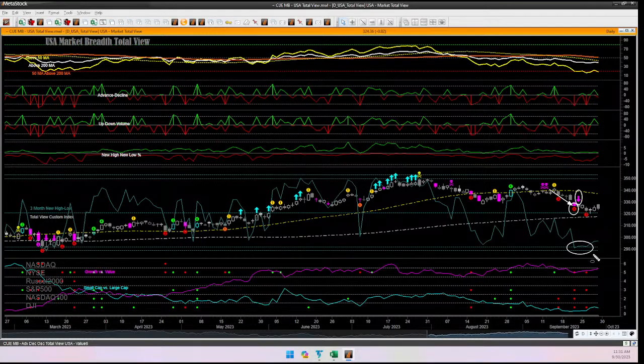Why I was looking for a reversal signal on the bullish side was because the market was oversold. Looking at the 3-month new high low, it was hitting the oversold territory, and also very importantly, percentage of stocks above 50-day moving average was hitting the extreme low.